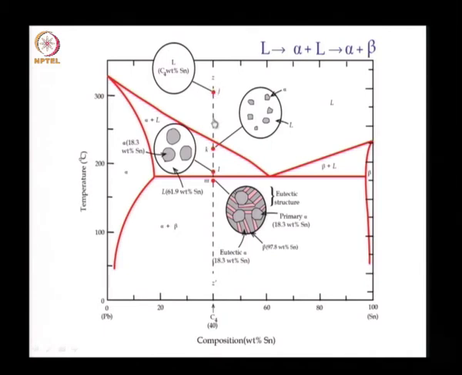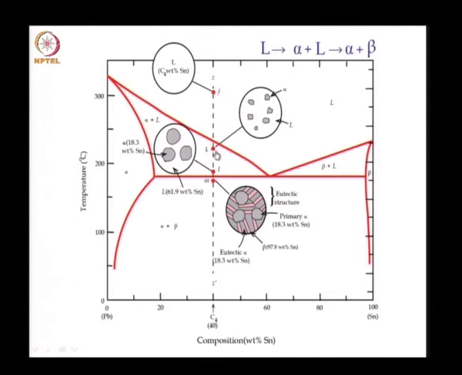Then we cool this melt, cross the liquidus line and go into this region of alpha plus L, and we will have now alpha nucleating and starting to crystallize. And again, if we want to know the composition of alpha and the liquid, we have to draw a tie line and we will know what is the composition of the alpha phase.